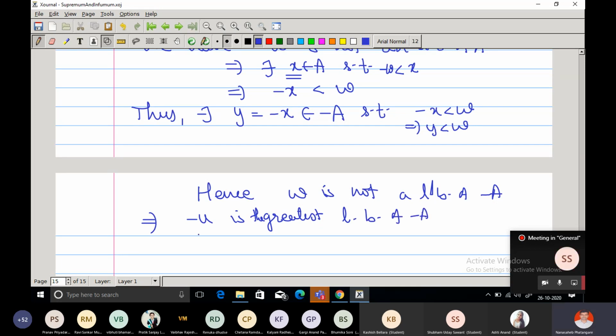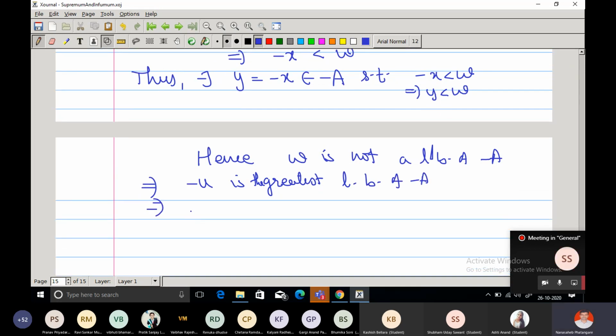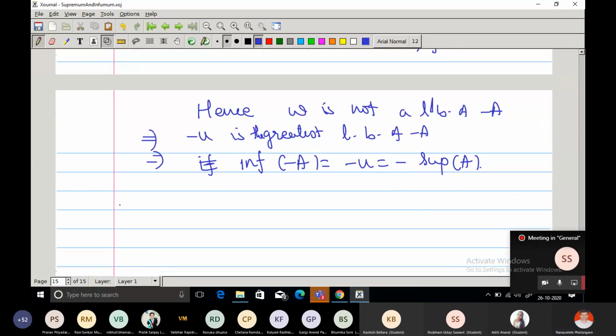Lower bound of minus A, right? And therefore the infimum of minus A is minus U, which is minus of U, where U is the supremum of A. This is what we wanted to prove.